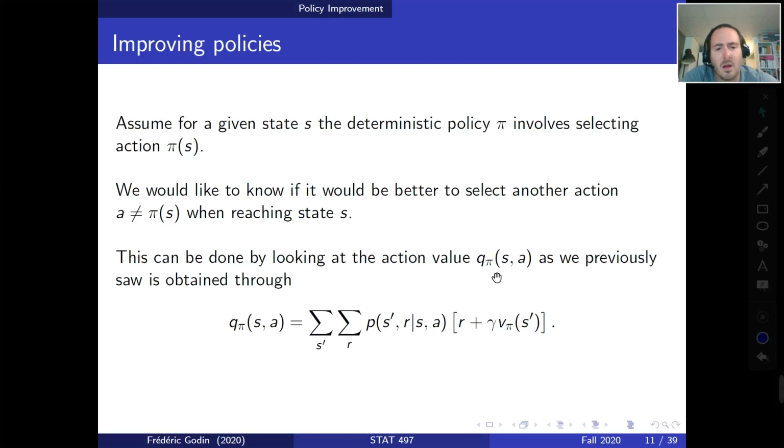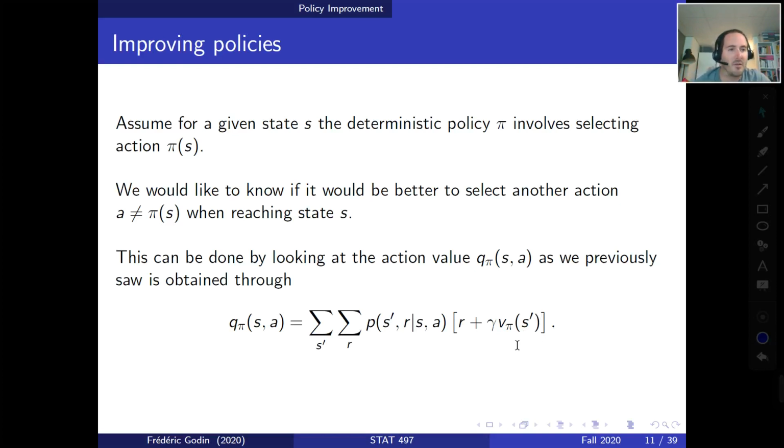A quick recall: the action value function also satisfies its own Bellman equation, which was of the following form. The action value function in state S, if you select action A in that state, is the sum across all possible subsequent states and all possible rewards of the probability of obtaining these subsequent states and rewards, times the reward, plus gamma times the state value function in the successor state.